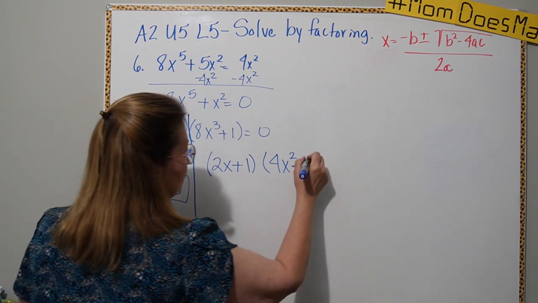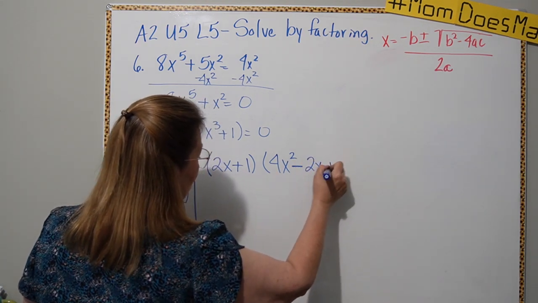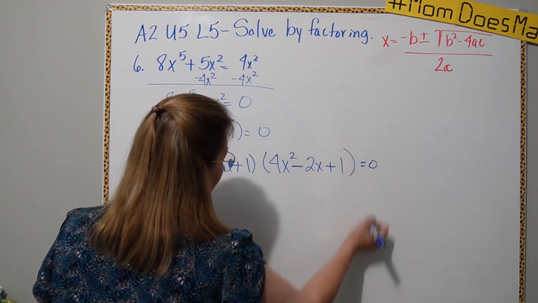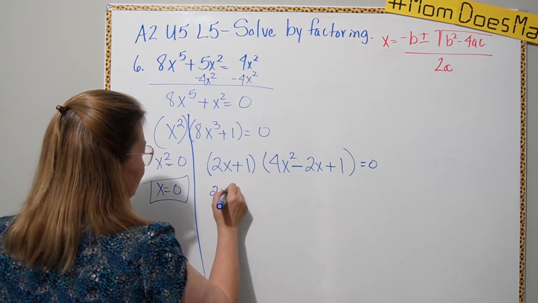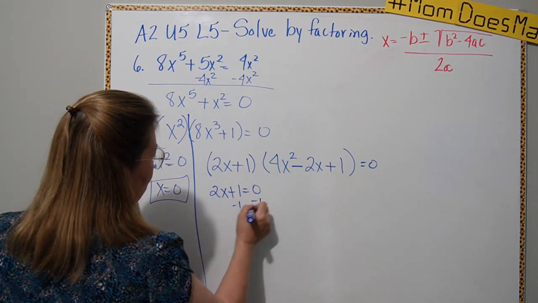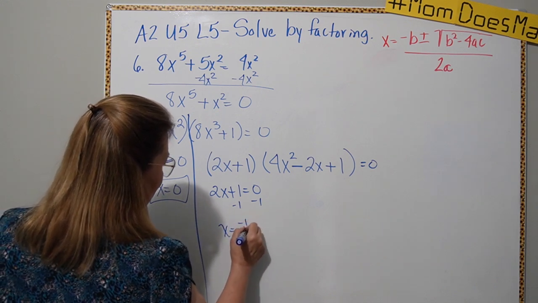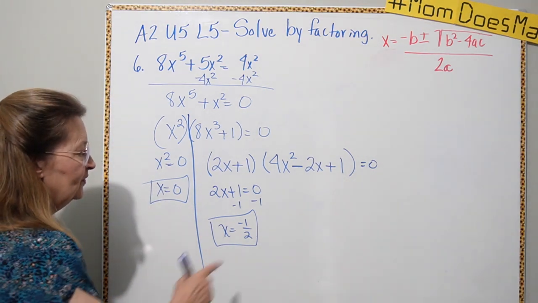You multiply these two things together, 2x, and then it's always positive, and the square of that, which is 1. All right? So now we can whittle this on down. I can take 2x plus 1 equals 0 and subtract 1 from each side and then divide by 2, and that's going to give me negative 1/2. So there's answer number 2.